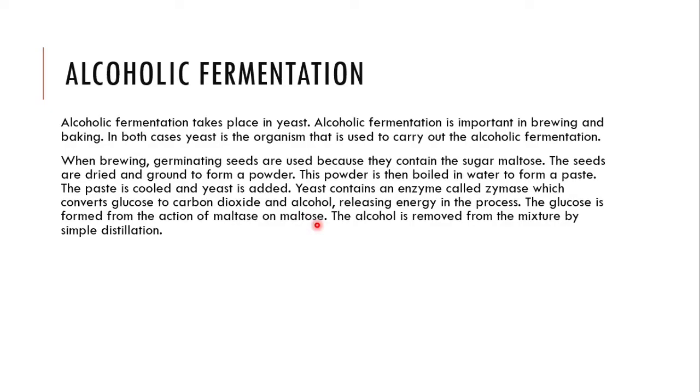When this maltase acts on maltose, glucose and glucose will be formed. In short, maltase will break down maltose into glucose and glucose. And then the enzyme zymase will act on glucose to form carbon dioxide and alcohol, releasing energy in the process.